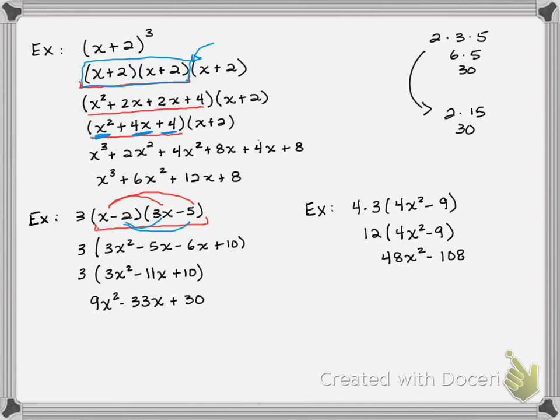So it's not right or wrong to do it any which way. You can multiply any 2 factors and take that result and multiply it by the 3rd factor. We could have multiplied 4 times 4x squared minus 9 and then multiplied by the 3 if we wanted to. Certain ways might be a little more efficient than others, but none of them are incorrect unless you do it incorrectly.